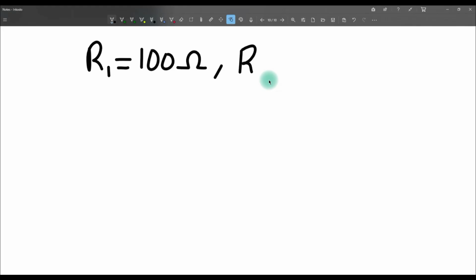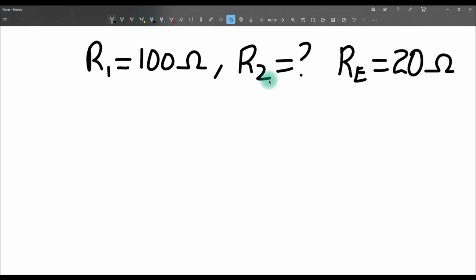So the two resistors, the first one was 100 ohms, and then the second one, which we don't know the value, and we have the effective resistance, that is the slope of the graph. We got 20 ohms. So we need to get the value of the other resistor.